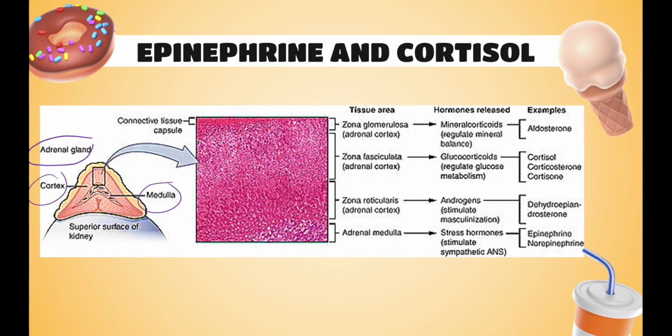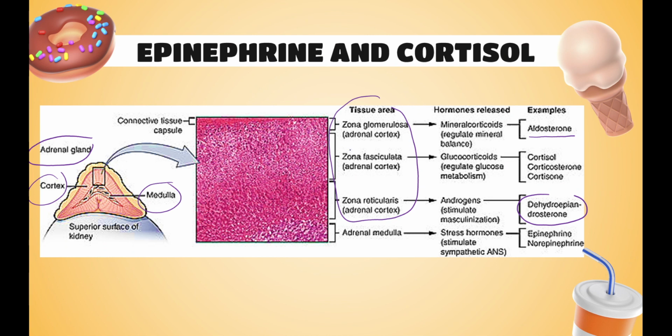Now, sa cortex, si cortex divided pa into three different zones. You have your zona glomerulosa, zona fasciculata, and si zona reticularis. Each of these zones may specific na hormones na sinisecrete. For zona glomerulosa, dun si aldosterone. For zona reticularis, dun yung ating androgens, yung mga testosterone natin.